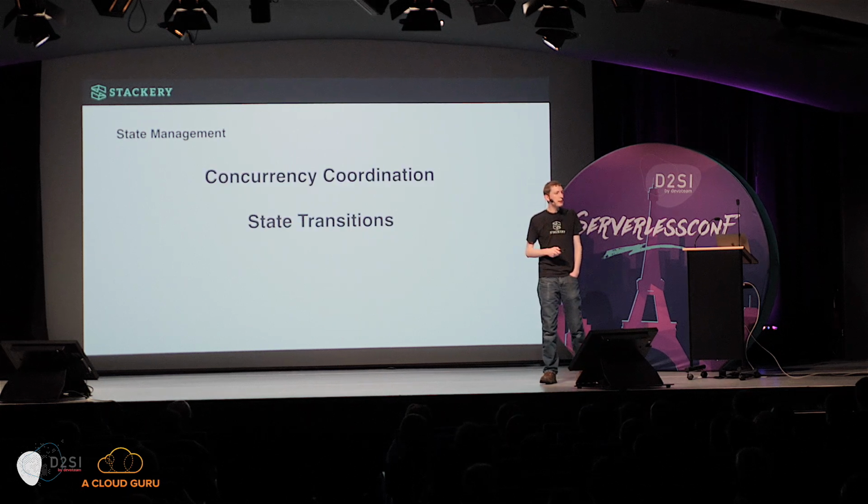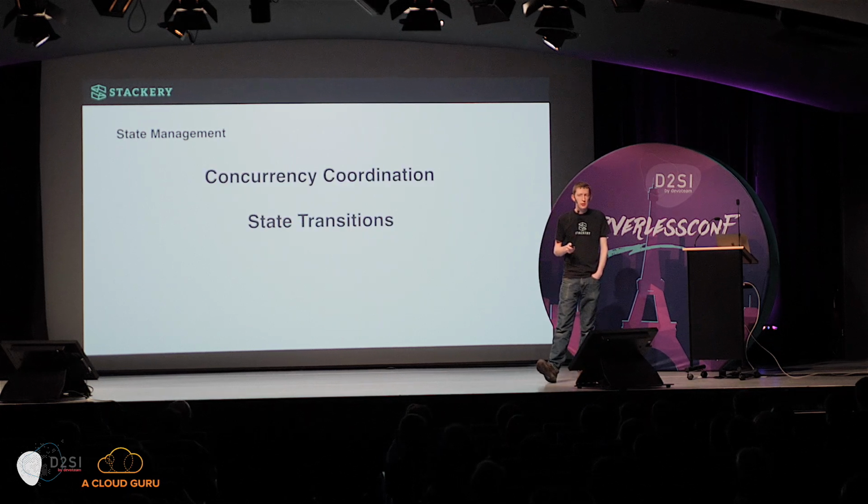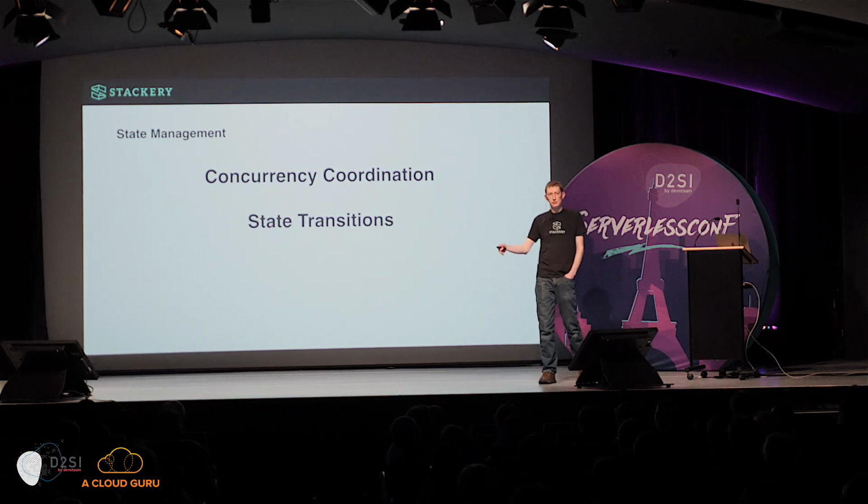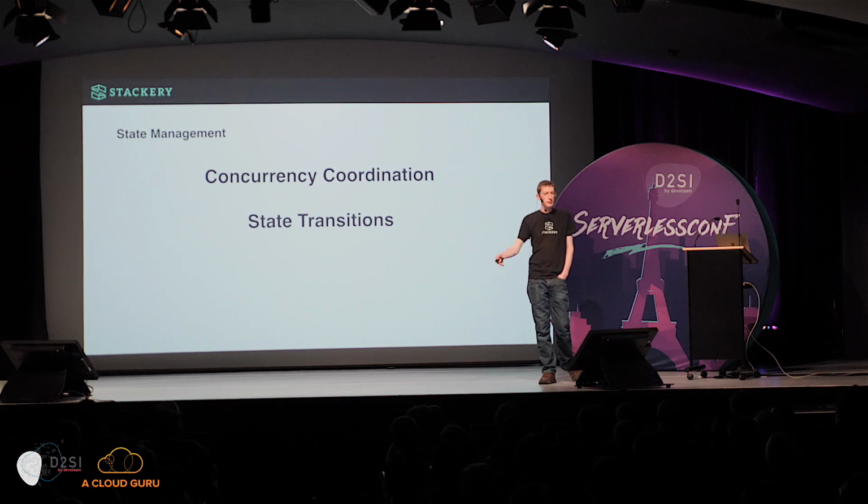You need two key mechanisms to be able to do this. The first is that you need concurrency coordination, the ability to tell that if a state requires, say, 10 functions to be invoked concurrently, the 10th function needs to know, I'm the last one, and so I need to evaluate the state of the state machine and transition to the next state.